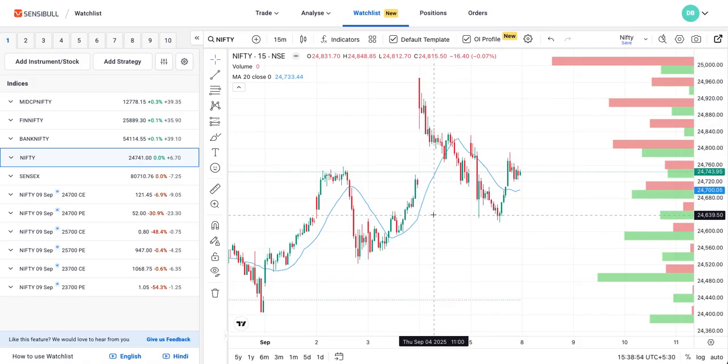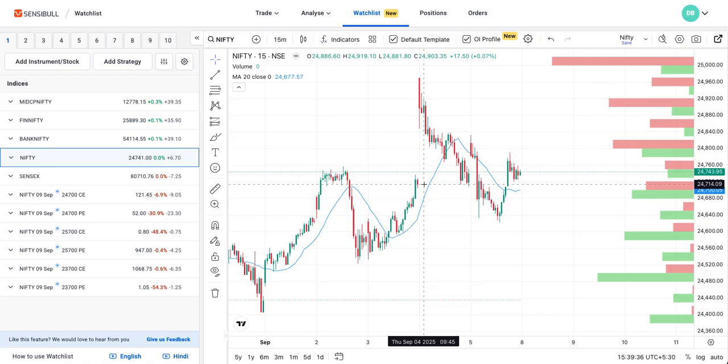Now we want to see how the call option and the put option change for this. In order to do that, we have to find the nearest strike price to 24,714, which is going to be somewhere around 700, because Nifty has strike prices in multiples of 50: 24,700, 24,750, then 800, then 850, then 900, then 950, like that.